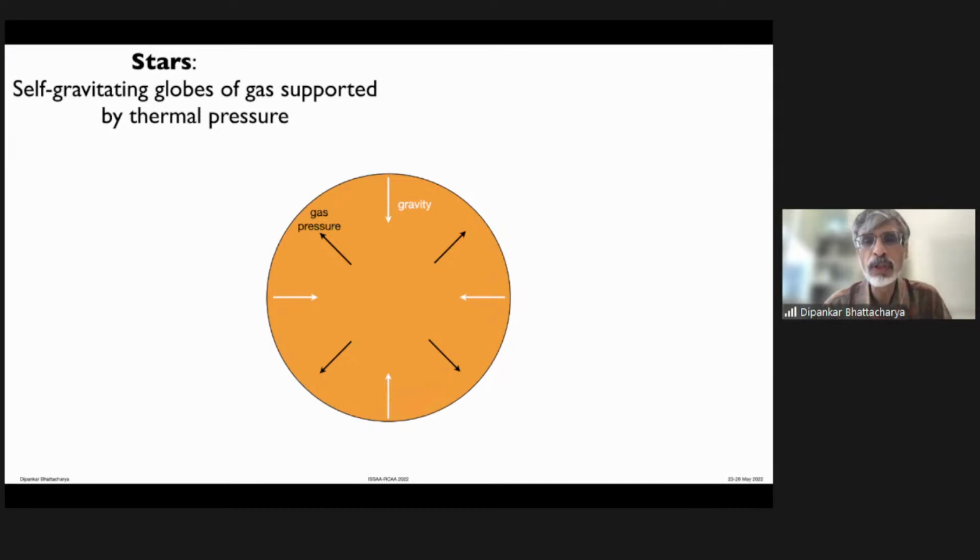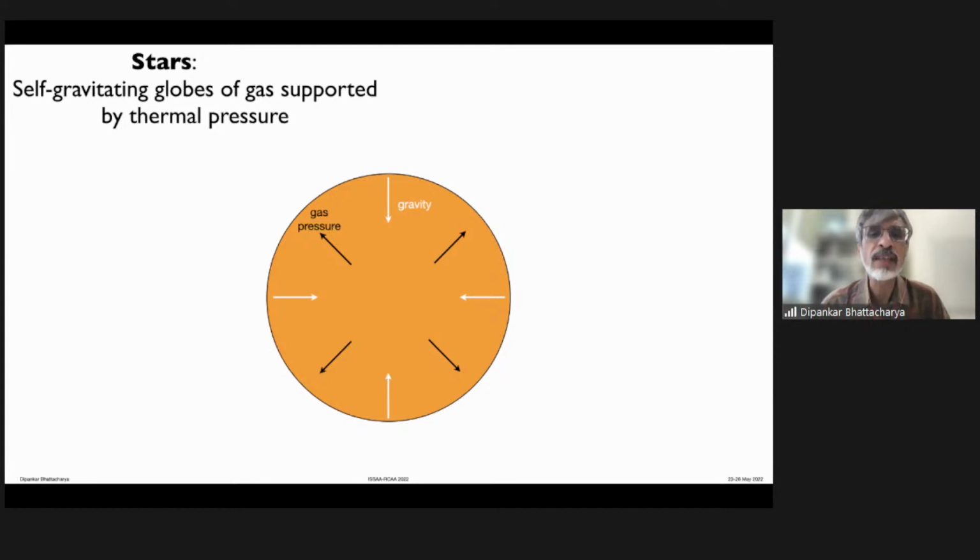So gravity is pulling it inwards, gravity is pulling the gas inwards, and the pressure of the gas is pushing it outwards. If there was no gravity, the pressure of the gas would blow the star apart. So the point at which these two forces counterbalance exactly gives you the equilibrium structure of stars.